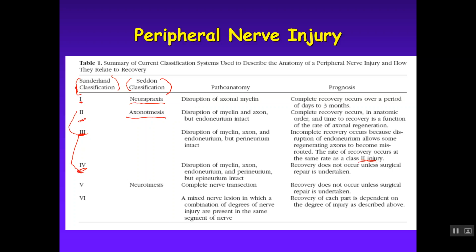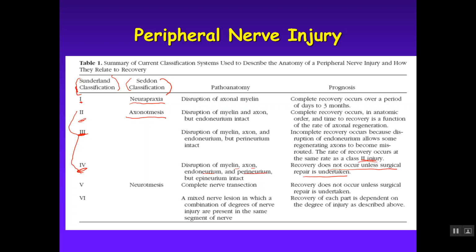A level 4 is disruption of myelin, axon, endoneurium, and perineurium, but the epineurium, the outermost layer of the nerve, is still intact, while everything else inside has gotten pretty buggered up. Recovery does not occur unless surgical repair is undertaken.